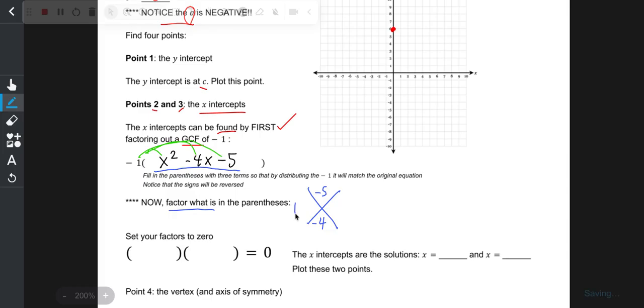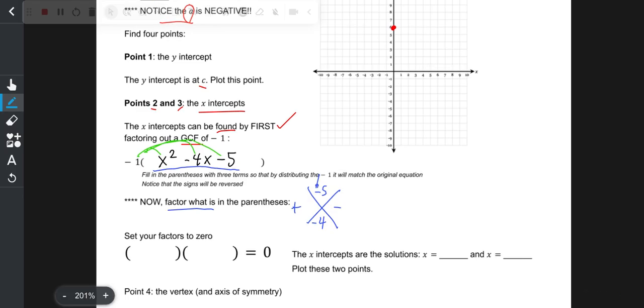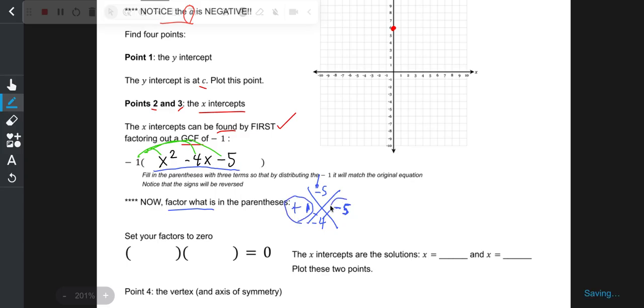And here, we know we're going to have different signs because we have a negative that we need to multiply to, and these have to add to -4. So I'm thinking +1 and -5. Okay, these multiply to -5, but they add up to -4. So these are the numbers we're going to put into our factors.